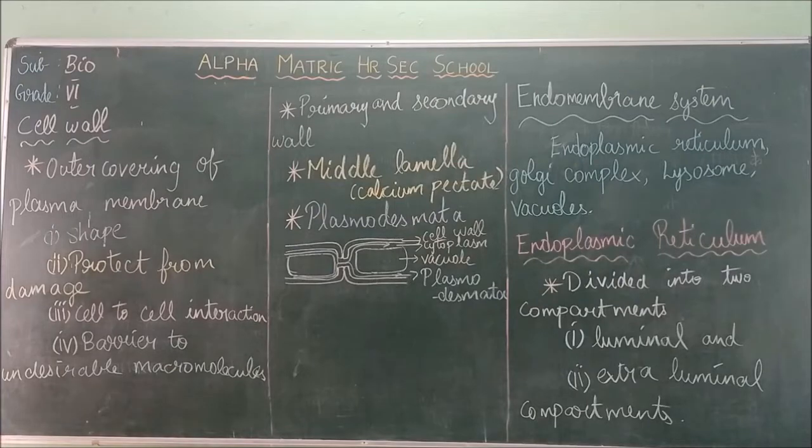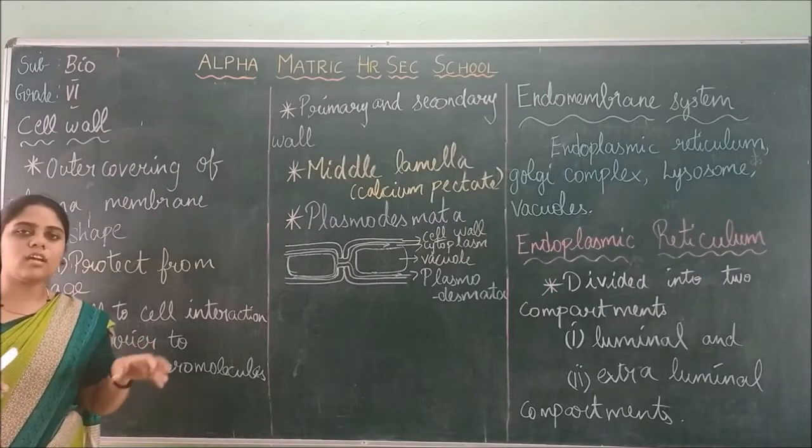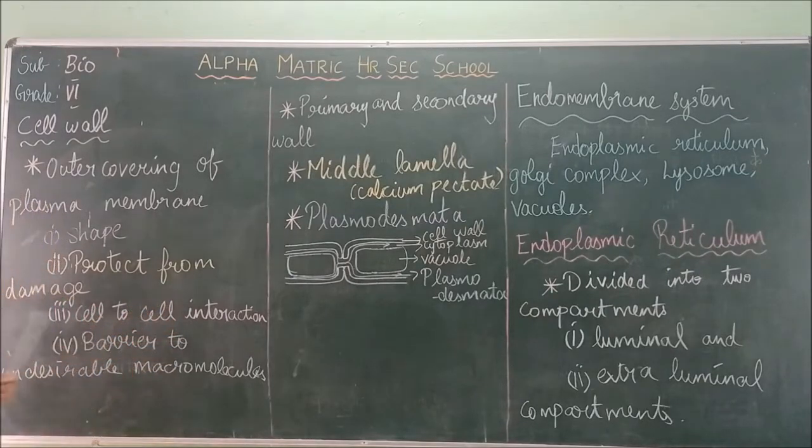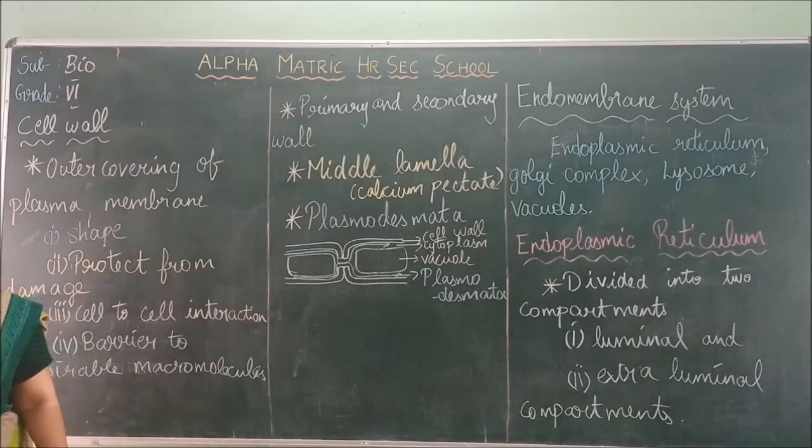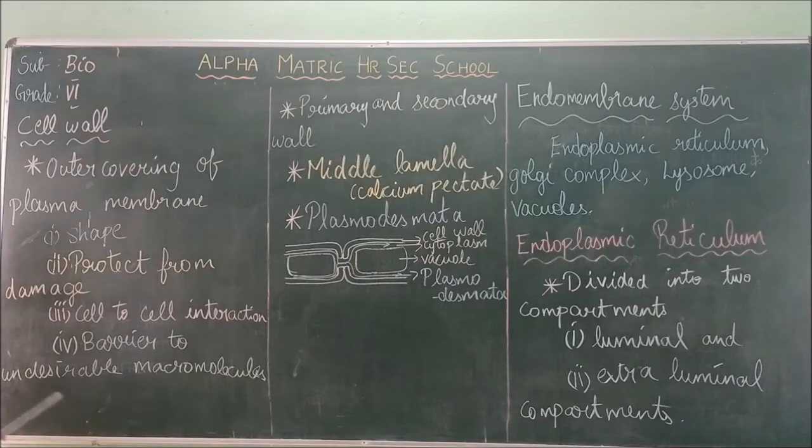It gives flexibility to the cell and helps cell to cell interaction. If any cells come near, they need to interact. For that also, the cell wall helps in communication, and it is a barrier to undesirable macromolecules.